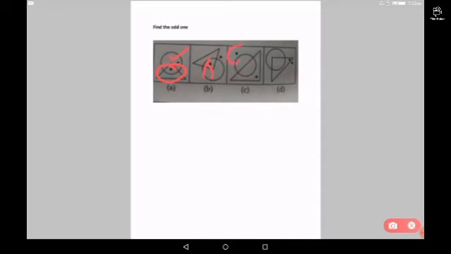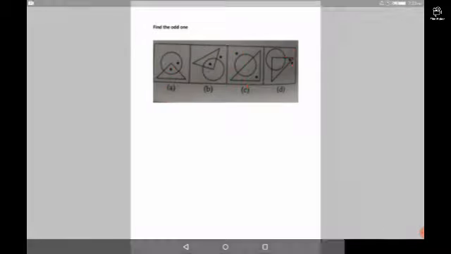Here also we can see an outsider dot and a dot inside triangle. Here we can see a dot inside triangle and an outsider dot. So only in one figure we can see a dot specifically for the circle, and that is figure A. So figure A is the odd man out in these 4 figures.